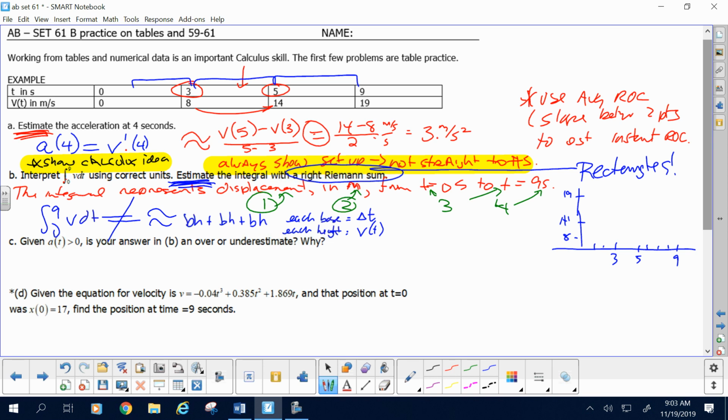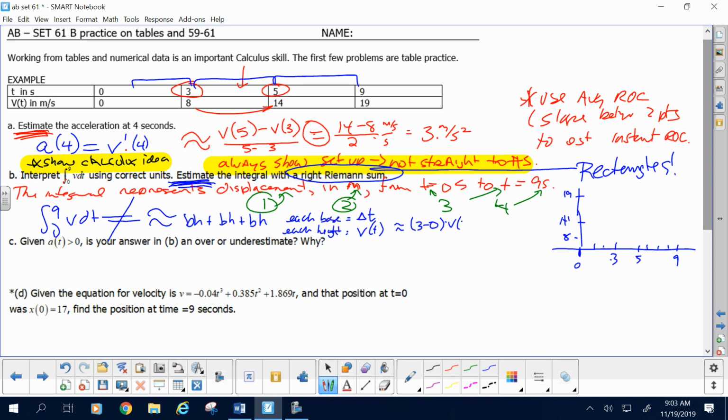So the first, I didn't give myself enough room. This is terrible. All right, so what's the first time frame? How many seconds in the first time frame? 0 to 3. Okay, I'm not picky if you say 3 minus 0 or just 3. What I do care about is that you don't go straight to the table for the heights. Now, if I'm using a right Riemann sum, then in this first subinterval from 0 to 3, do I use the height at 0 or the height at 3? 3.